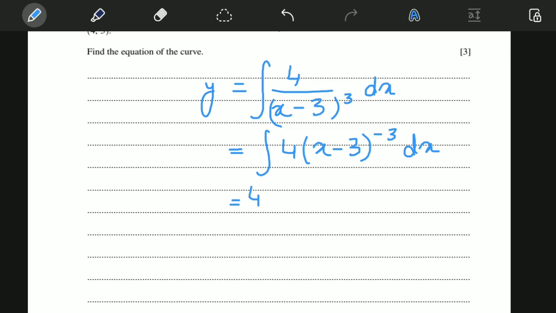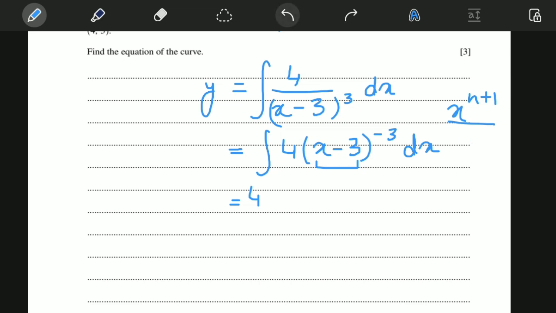Because it's a constant, we can take it outside and we can apply the power rule that says if you have the derivative of the bracket multiplied with it, we can simply do x power n plus 1 over n plus 1.